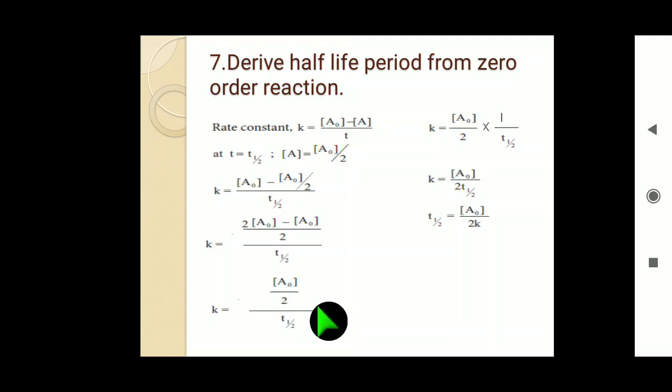A naught divided by 2, and the denominator we should write with multiplication, so 1 by T1 by 2. Finally, K equals concentration A naught divided by 2 T1 by 2. The T1 by 2 will come here because we are going to calculate the half-life period, and K will go down. So T1 by 2 equals concentration A naught by 2K. That's all.